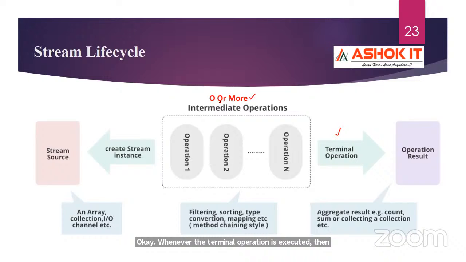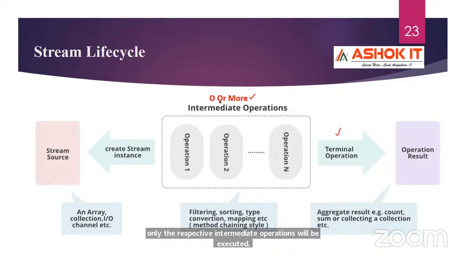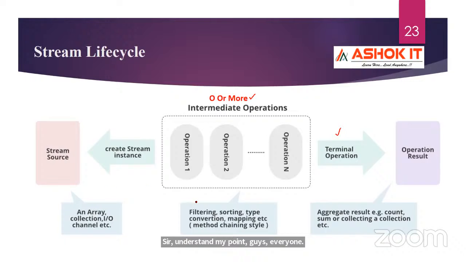Intermediate operations mean filtering the data, sorting the data, converting the data, type conversion, transformations and mapping. Once you apply all these intermediate operations, you apply a terminal operation at the end. Only once the terminal operation is executed will the intermediate operations be executed in the stream life cycle.